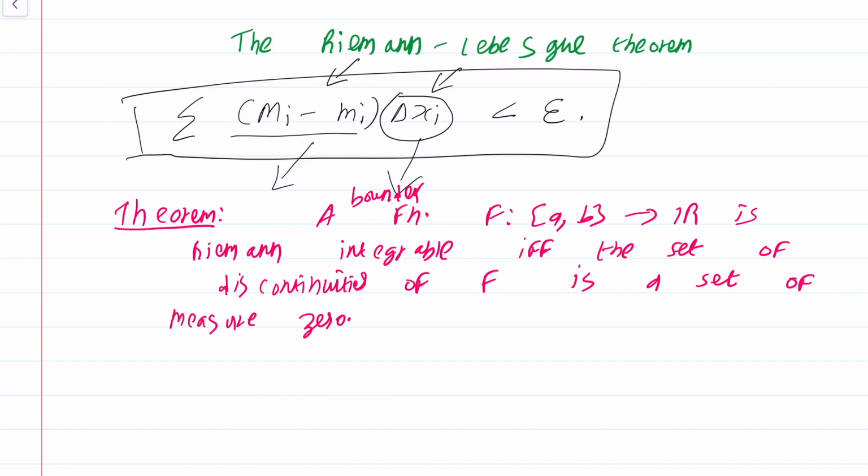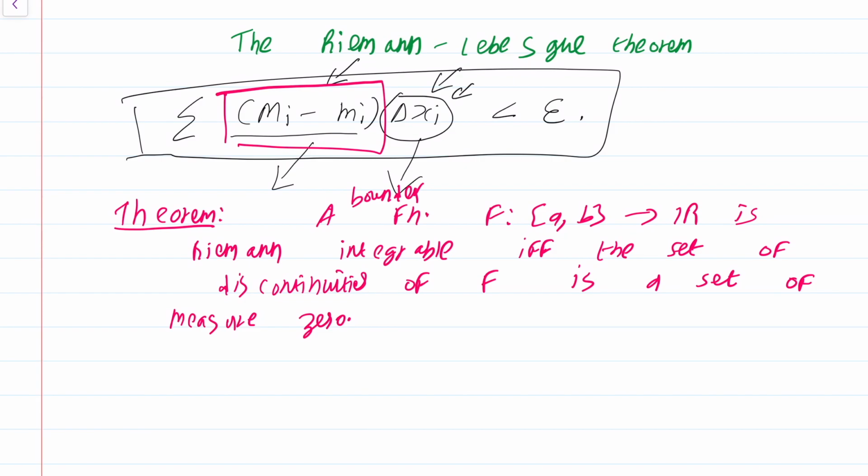Now, away from the set of discontinuities, we have control over this capital Mi minus small mi. We can make it as small as we desire by shrinking the intervals, right? The key is at those points of discontinuity where the function's oscillation is going to be greater than 0, we control capital Mi minus small mi times delta xi by making delta xi really small.